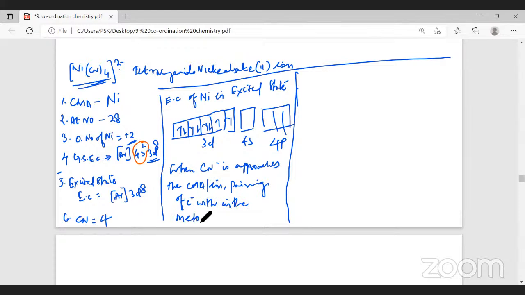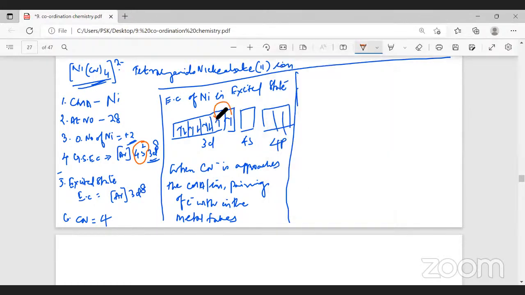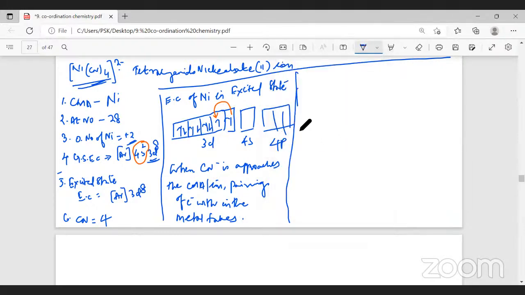This electron gets paired with this, and this becomes empty, this becomes vacant. Are you able to understand what I'm telling? So the metal creates 1 d orbital, 1 s orbital, and 2 4p orbitals vacant.